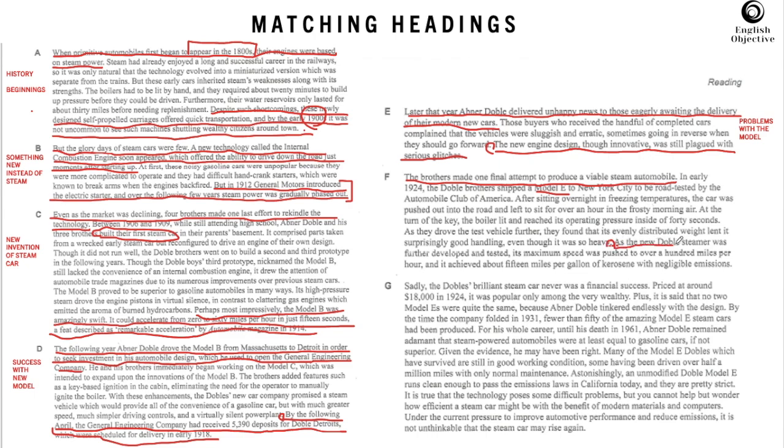As the new Doble steamer was further developed and tested, its maximum speed was pushed to over 100 miles per hour, and it achieved about 15 miles per gallon of kerosene with negligible emissions.